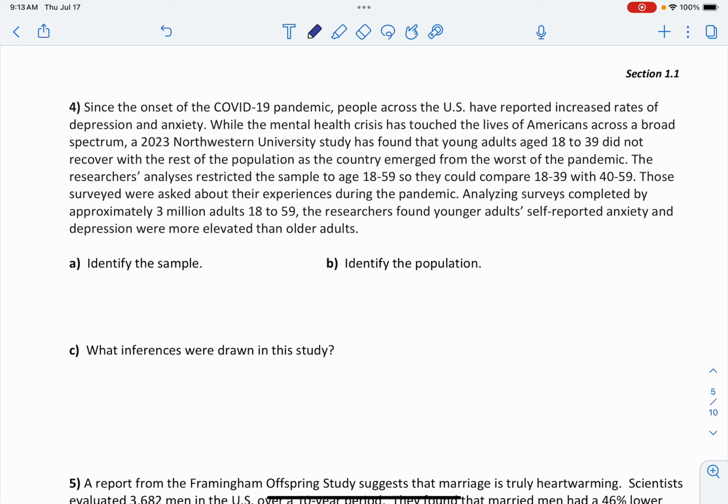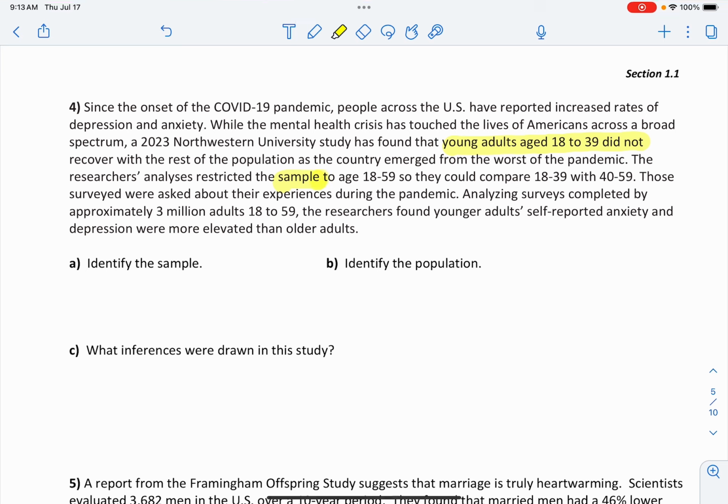But what is the sample here? Okay, so who do we have? All right, looks like we're studying young adults ages 18 to 39, right? And here's the word sample right there, right? Okay.